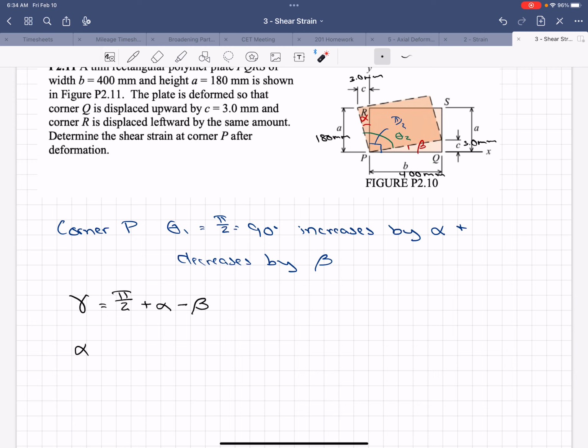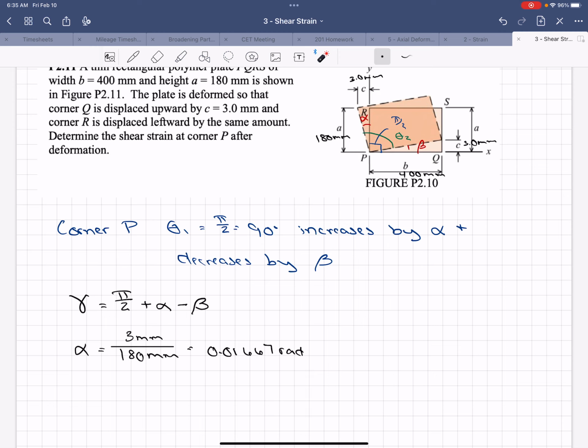So we don't actually have to write in sine, because the angle is so small, alpha equals 3 millimeters over 180 millimeters, and we get 0.01667 radians.